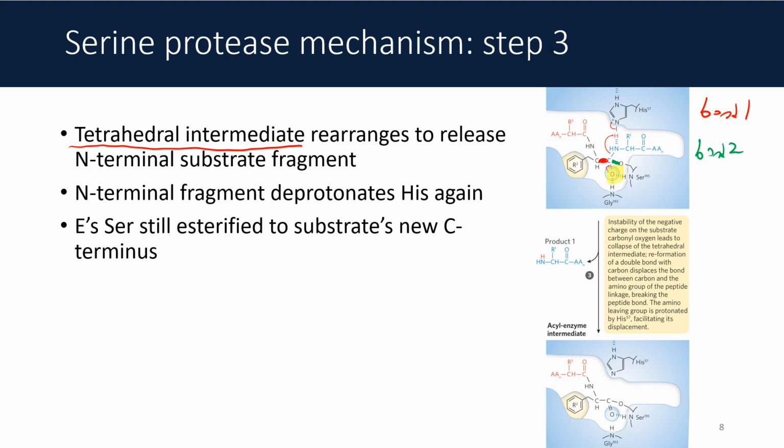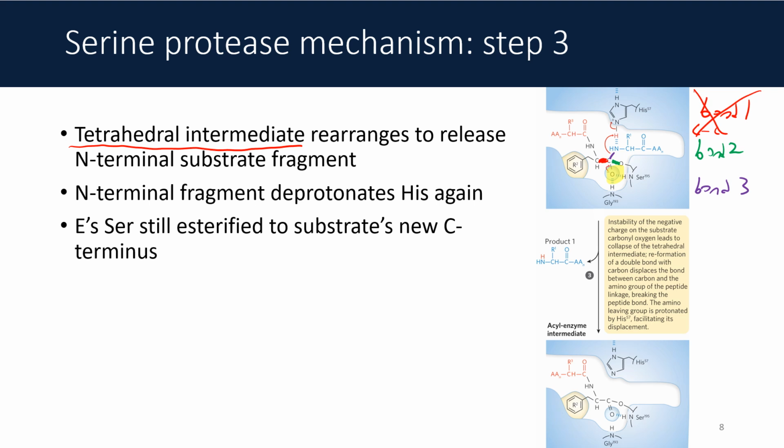Or we could break bond number 3, which is between the central carbon and the N-terminus of the next amino acid over in our substrate chain. What's it going to be? Well, in bond 1, that's a carbon-carbon bond, which are very stable. If you break that, you're going to form a primary carbanion, which is very unlikely. So that's not the bond that we end up breaking.